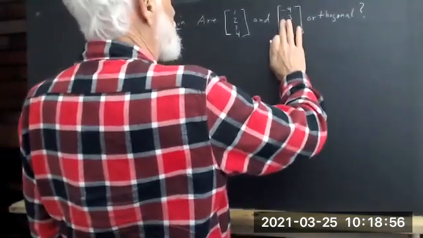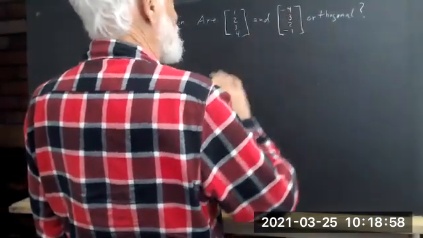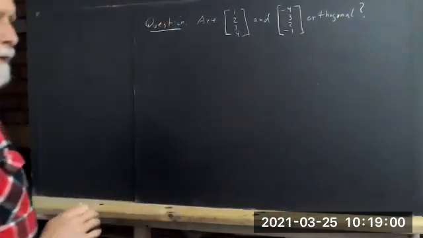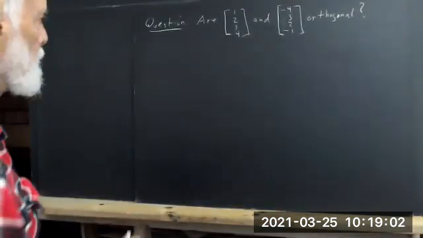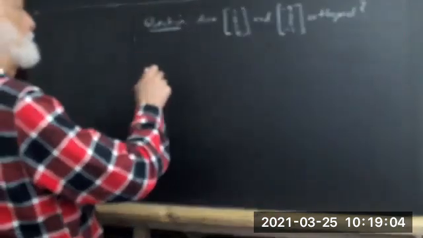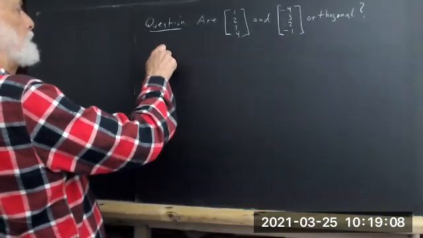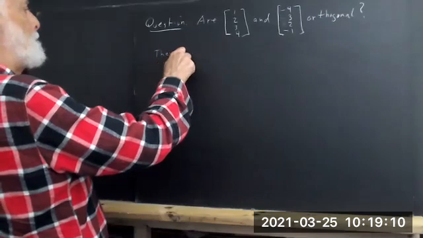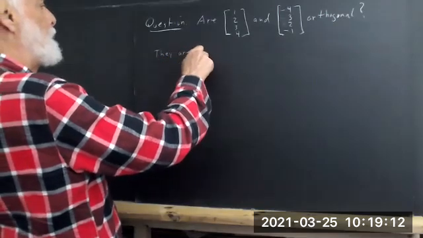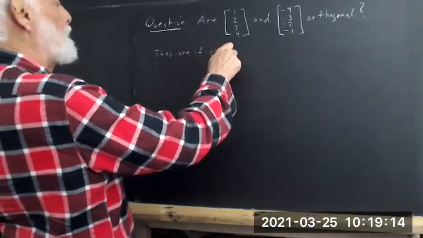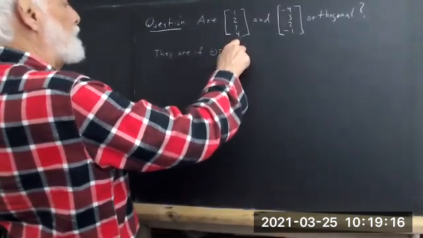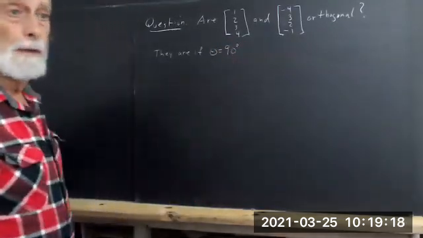Clearly they're not, so I'm going to make it so that at least there's a question, okay? They're not going to be orthogonal either, but okay. They are if the angle between them is 90 degrees.